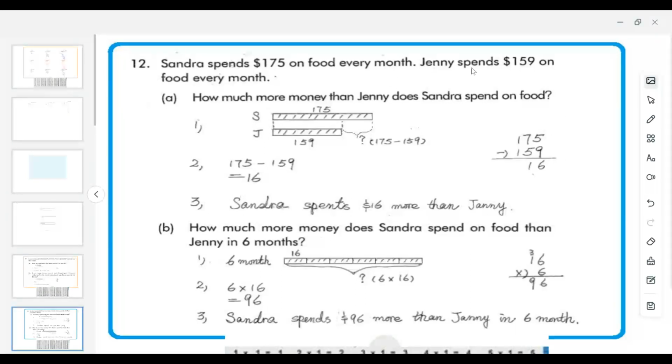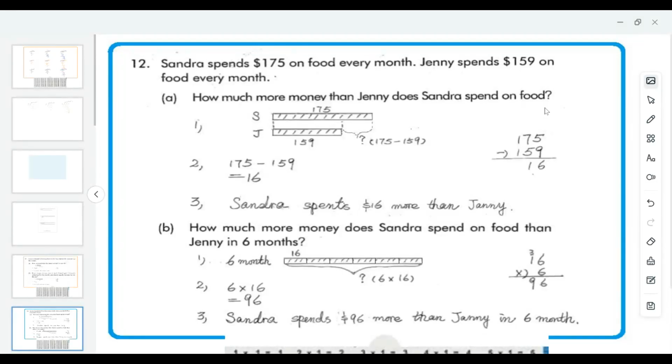Jenny spent $159 on food every month. Question A. How much more money than Jenny does Sandra spend on food?